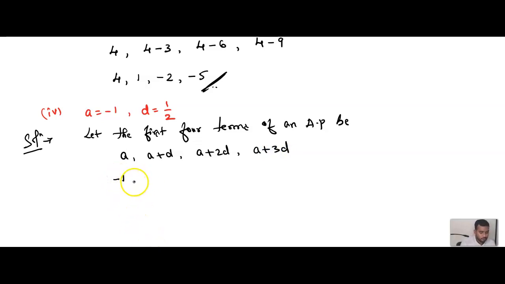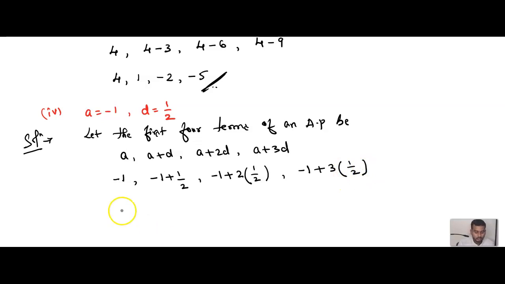Minus 1, comma, a value minus 1 plus d, 1 by 2, comma, a minus 1 plus 2 into d, 1 by 2, comma, minus 1 plus 3 d, 1 by 2. Done. Is this clear?